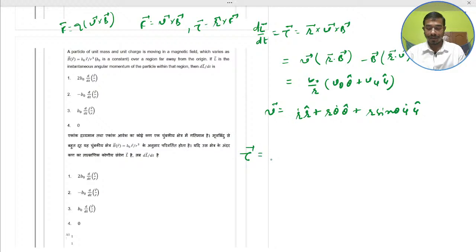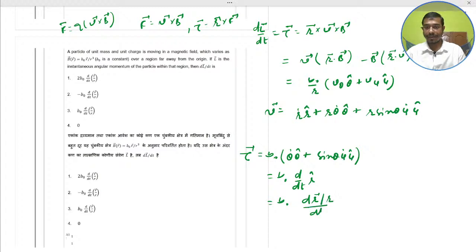means the torque tau would be B naught theta dot theta cap plus sin theta phi dot phi cap, that would become B naught d by dt of r cap. d by dt of r cap means B naught dr by r divided by dt.